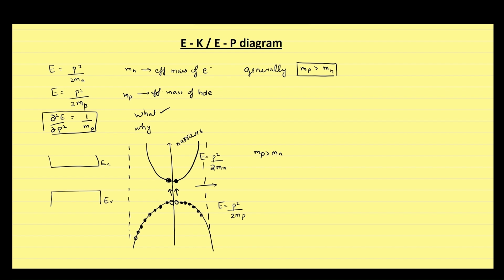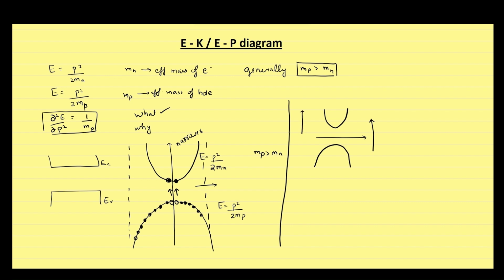Another important point you should remember, that usually energy momentum diagram are shown by just two parabolas. Neither the x-axis is shown nor the y-axis is represented. But it should be naturally clear to you that if we talk about energy, it is a relative quantity.